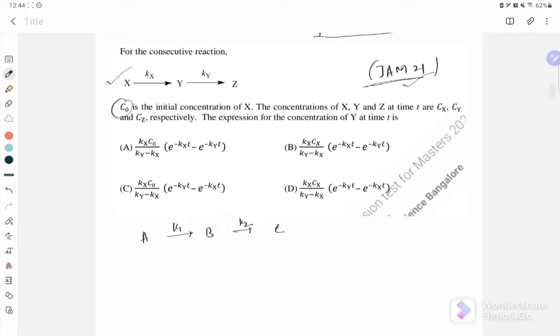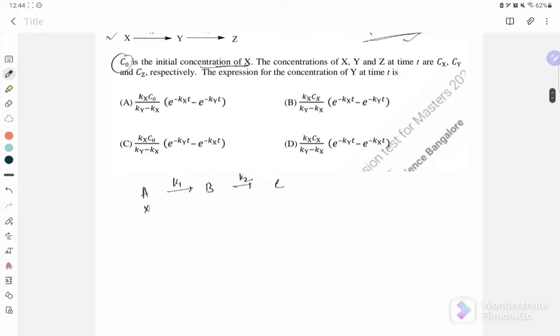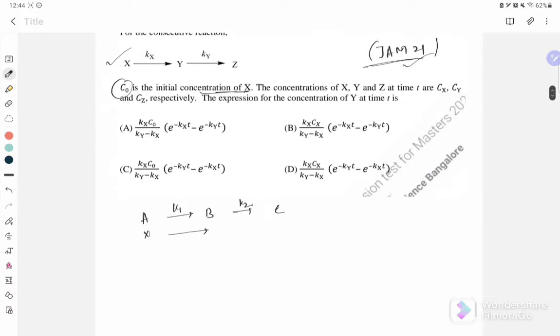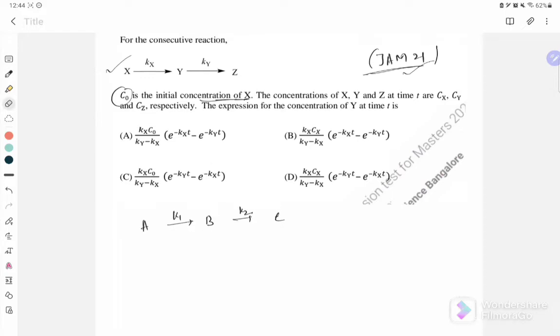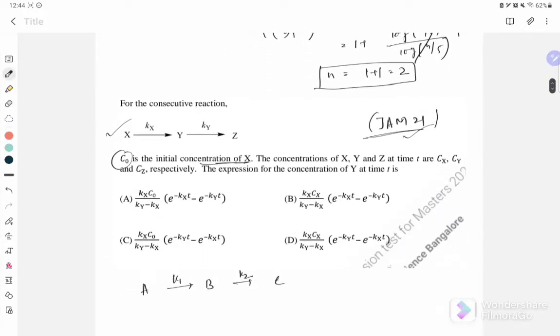C0 is the initial concentration of X, and the concentrations of X, Y, Z at time t are Cx, Cy and Cz.